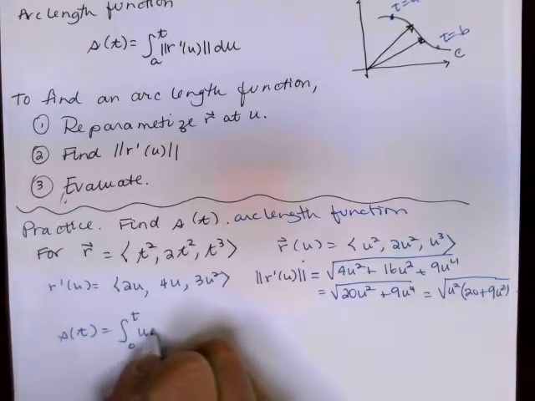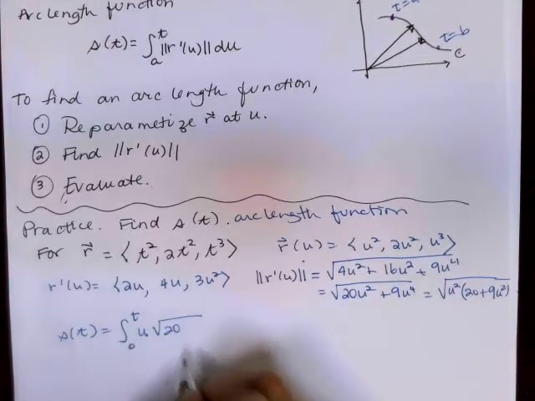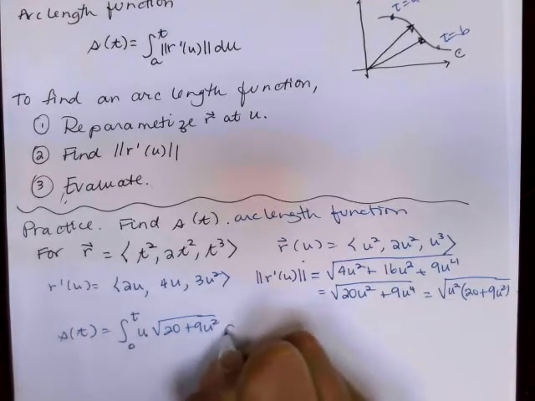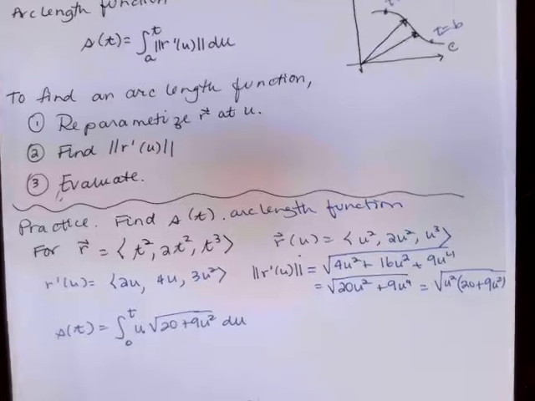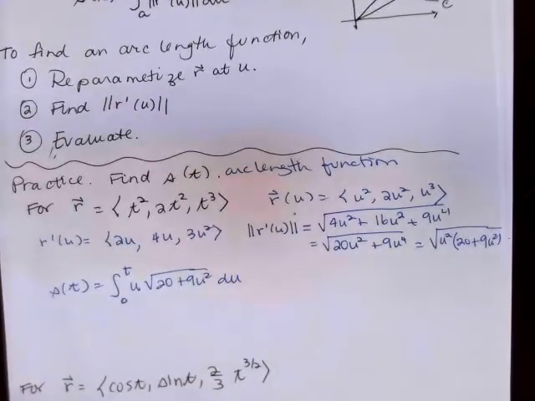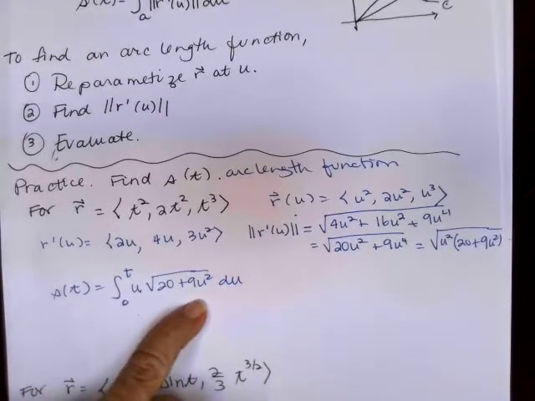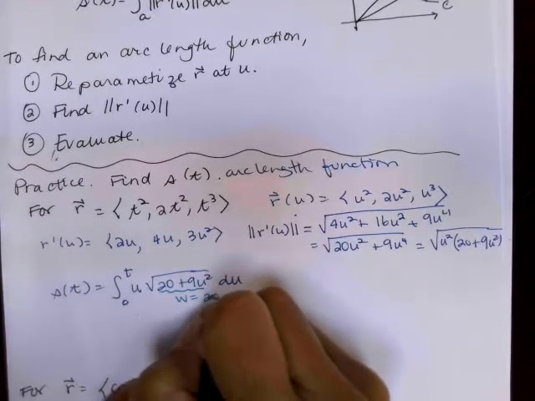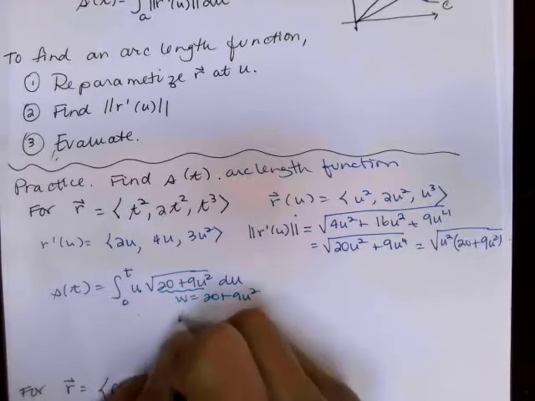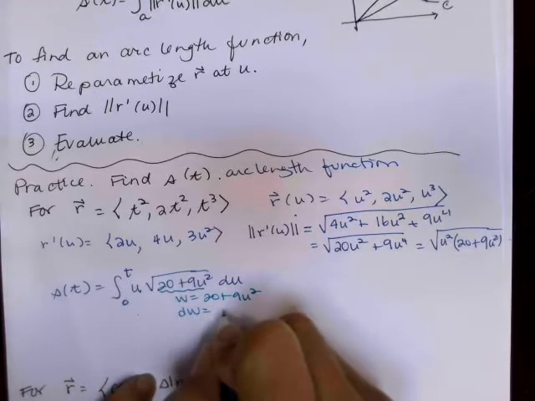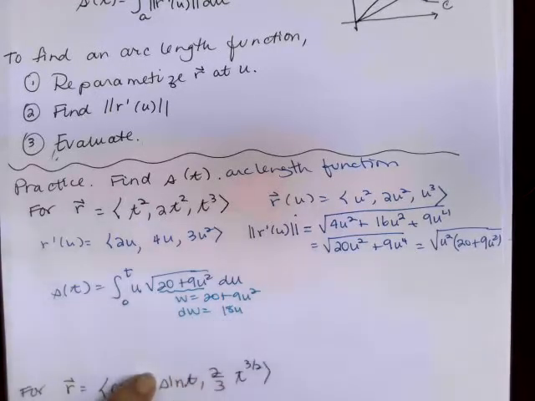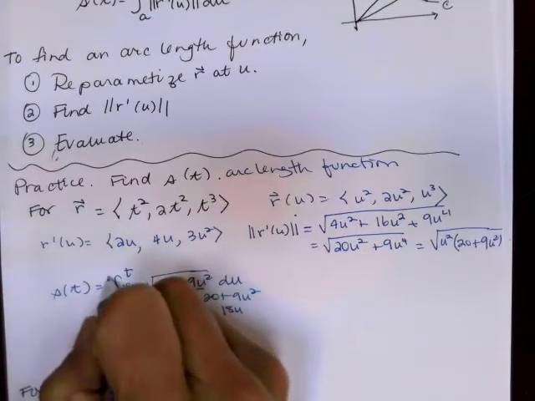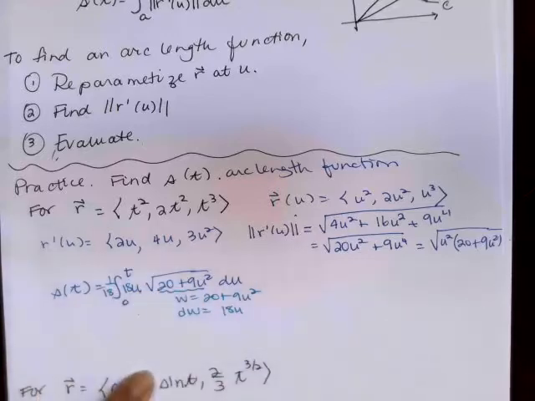So I've got a u, and then left under the square root, I have 20 plus 9u squared du. Okay, I'd call it a u sub, but I've already used u here. So let's see, if w is 20 plus 9u squared, then dw would be 18u. Okay, I've got the u, I need the 18, so here's an 18 and a 1 over 18 outside to balance.